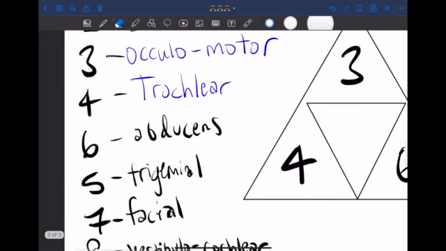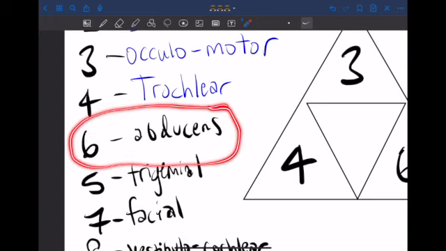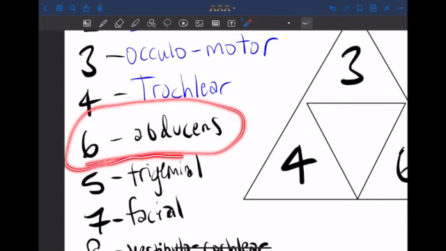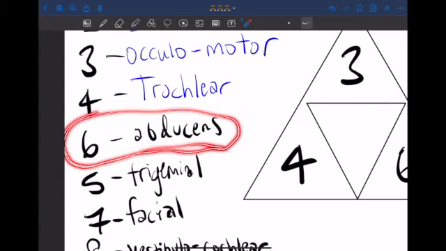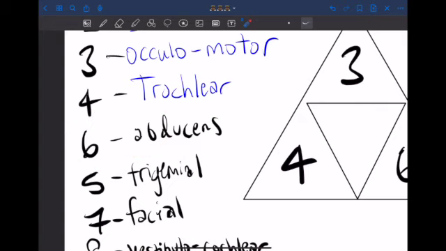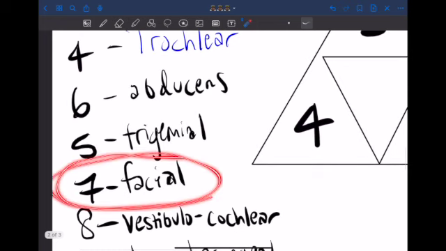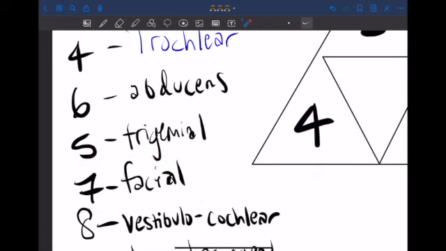Abducens. Okay, so in the Hebrew culture, the Israelite culture, the people that you see living in the Bible, they considered the number 6 to be like the number of the devil. So I always associate that number with villains and mischief and malice and things like that. Whereas the number 7 was considered the number of completion, the number of perfection, the number of God.